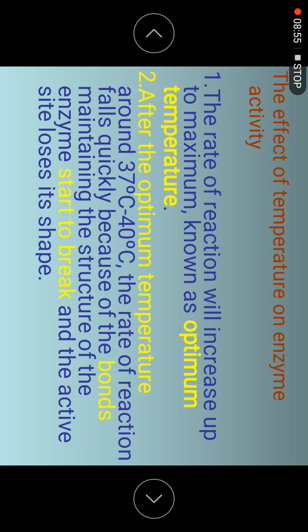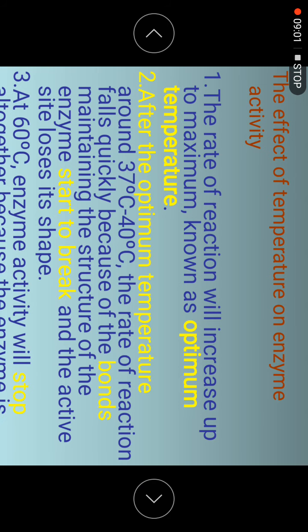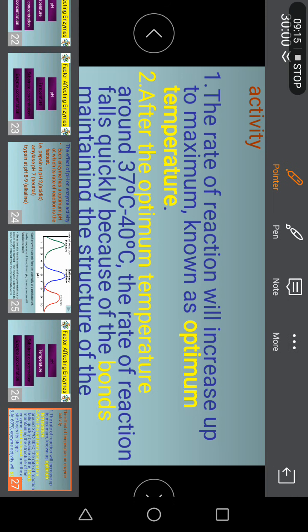Imagine your enzyme, a little bit of heat, it changes shape. When the shape changes, you cannot bind with the substrate. So at 60 degrees, the enzyme activity will stop altogether because the enzyme is denatured.